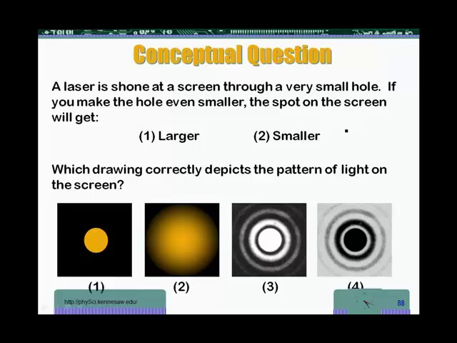It's sine theta equals 1.22 lambda over d, the diameter of the hole. So if we make the hole smaller, that's making d smaller. D smaller, but it's in the denominator, that makes theta larger. So it should get larger.